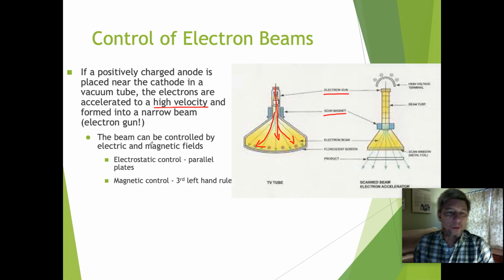All right, so let's talk about how we control this. The electron beam itself can be controlled one of two different ways. We can use what we call electrostatic control using the parallel plate idea. But we can also use a set of magnets, and here we're going to use the third left-hand rule.